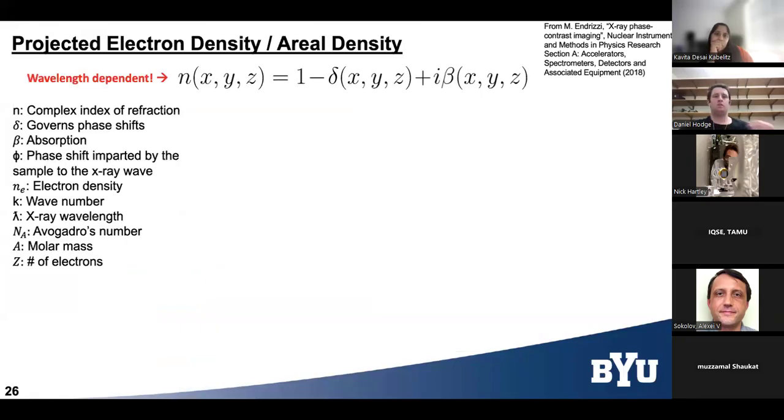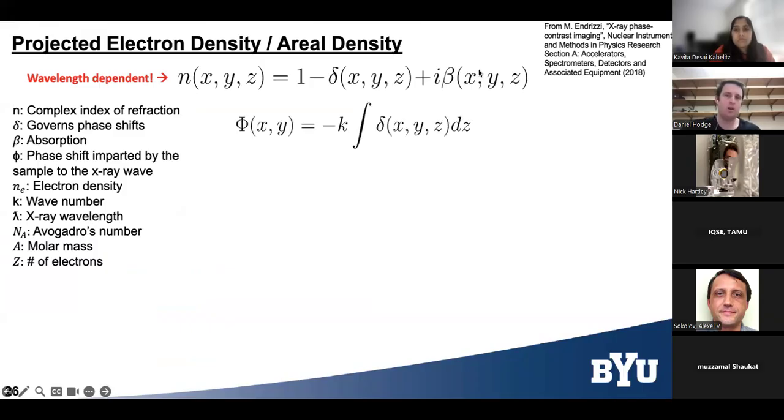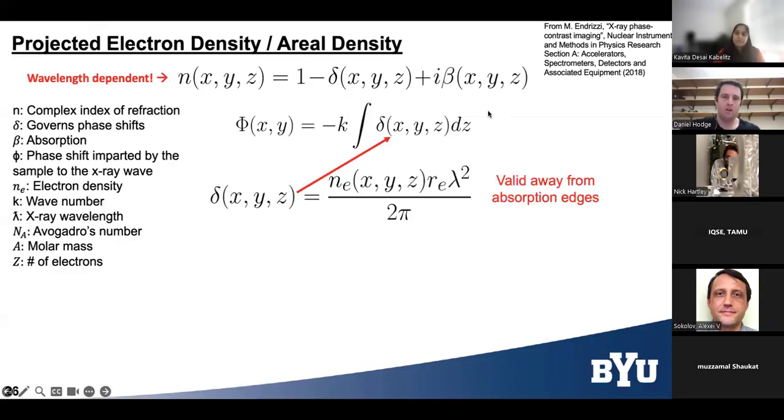And so that brings us to the projected electron density and areal density and how we derive that. So the index of refraction, like I mentioned before, is 1 minus delta plus i beta. We can define the phase as the wave number times the integral of this phase shifting delta that governs the phase shift. And this delta can be defined from this paper by Indrizzi.